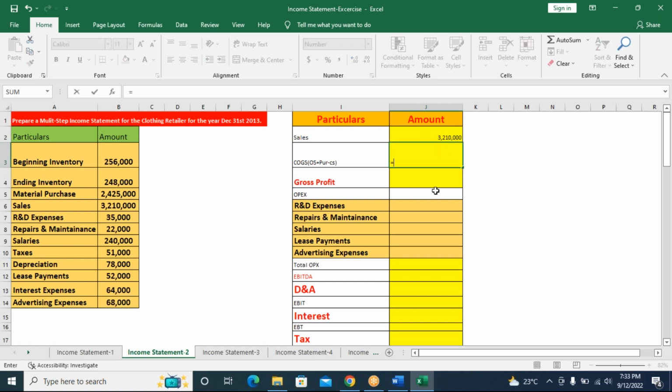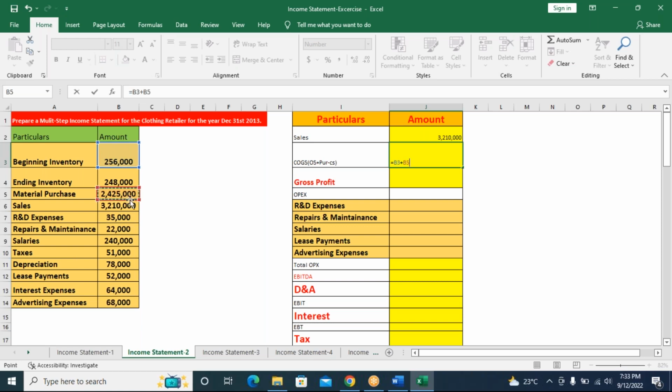Is equal to, so here I have mentioned COGS is nothing but opening stock plus purchases minus closing stock. So what is my opening stock? 2,56,000, that is my beginning inventory. So plus what is the purchase that I have done? 24,25,000.